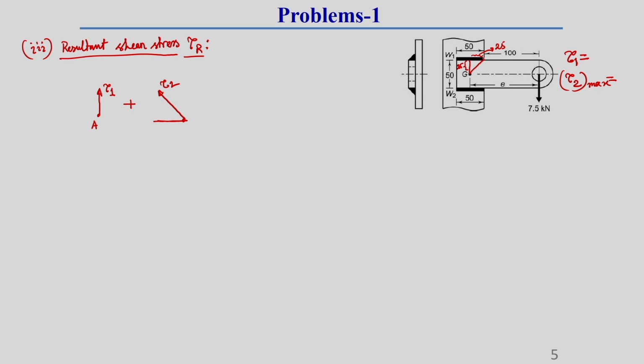Now, here you see we know this tau 2 always perpendicular to the radius connecting this G and that point. This you should keep it in mind, because what happens, this generally developing due to this turning moment or torsion types of effect or couple you can say.